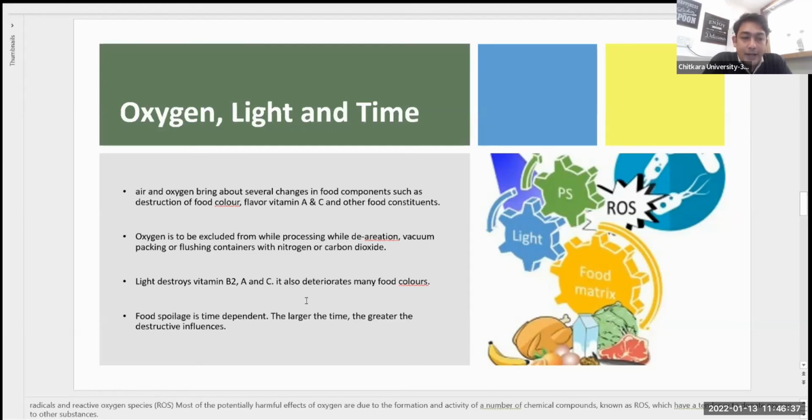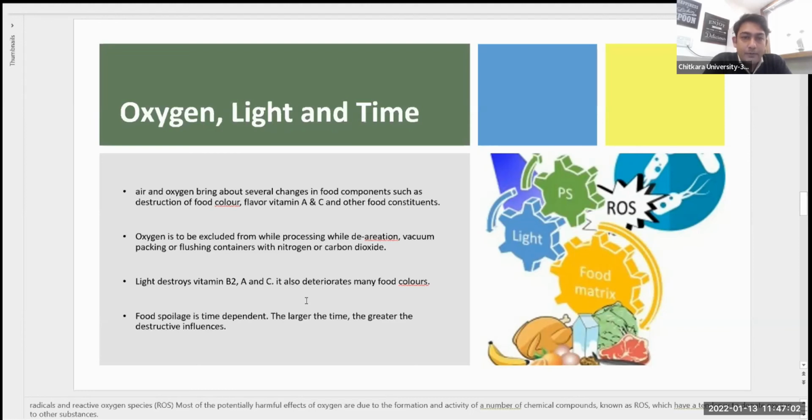Food spoilage is time dependent. The larger the time, the greater the destructive influences. The longer the time period the food is exposed to bad conditions, the more likely it is to develop more microorganisms or various toxic elements.